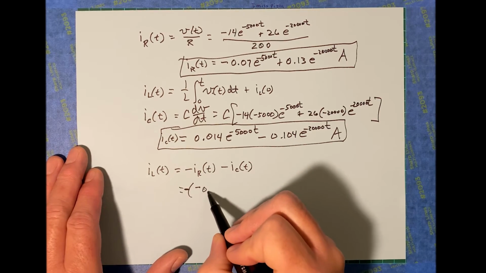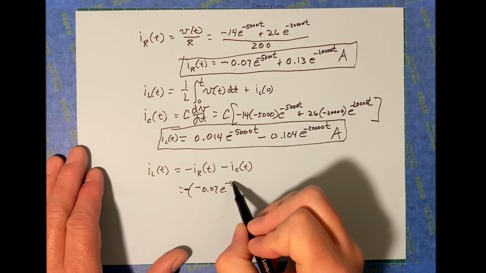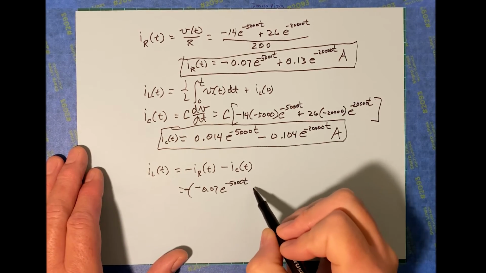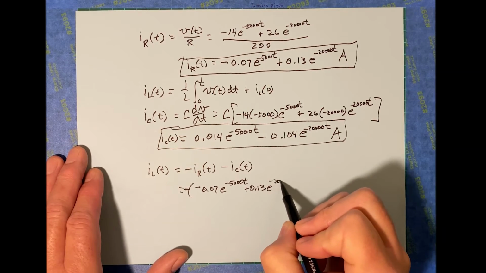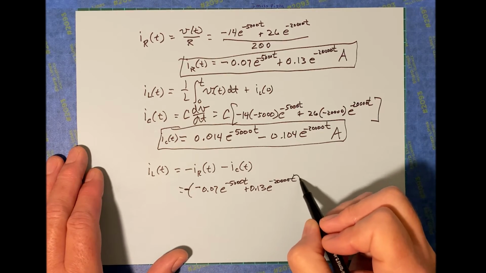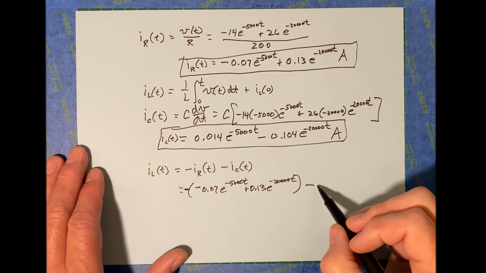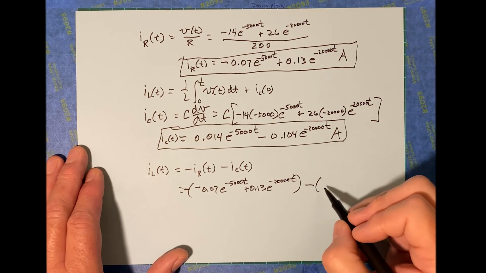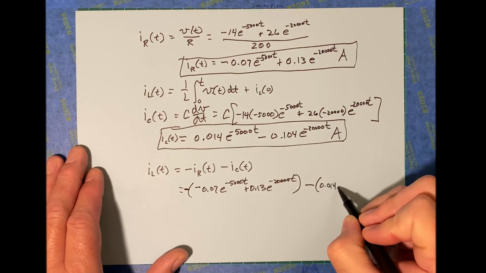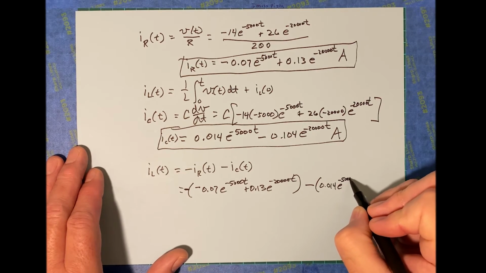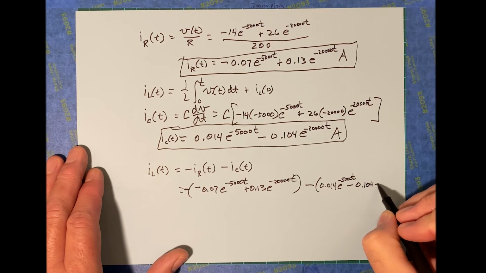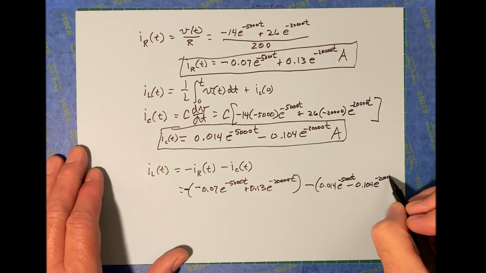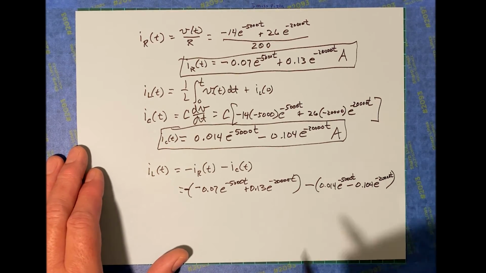But it's going to be minus 0.07 e to the minus 5,000 t plus 0.13 e to the minus 20,000 t. Now minus I sub c, and I sub c is 0.014 e to the minus 5,000 t minus 0.104 e to the negative 20,000 t, like that.